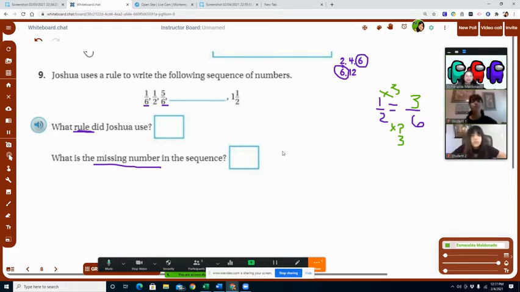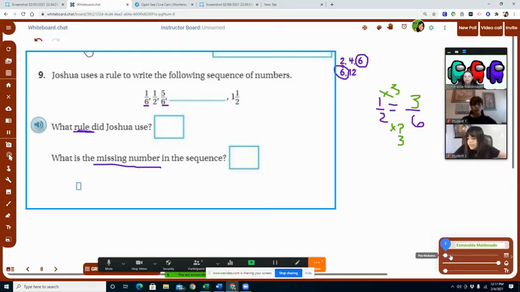So this means that in my pattern, let me write it with the math tool so it's clear. I have 1/6. My next value is, as we just found out, 3/6. My next value is 5/6. It already has 6 as a denominator.